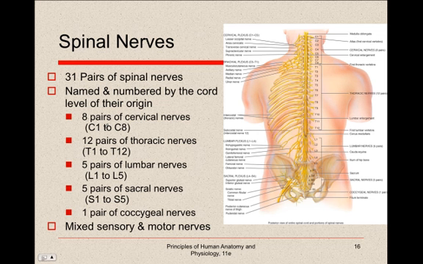So everything else fits what you learned with the vertebrae. You just have to remember that with the cervical nerves, you have one more nerve than you do vertebra. So you've got 8 cervical nerves, 12 thoracic nerves, which fits normal, right? 5 pairs of lumbar nerves, and then 5 pairs of sacral nerves, 1 pair of coccygeal nerves.